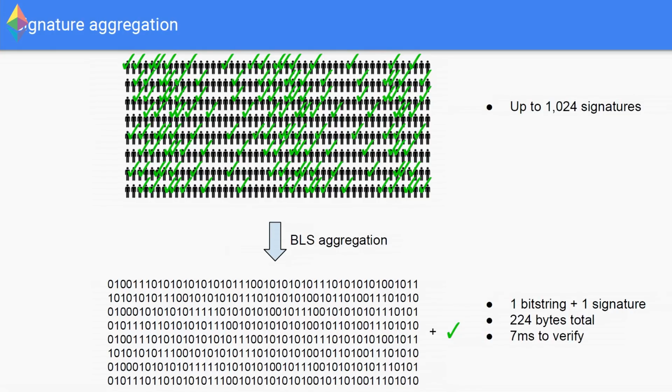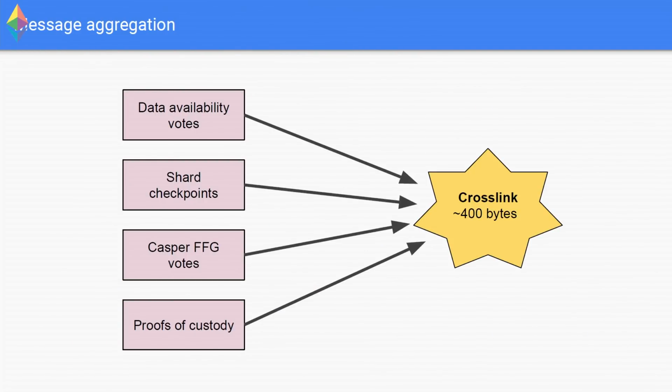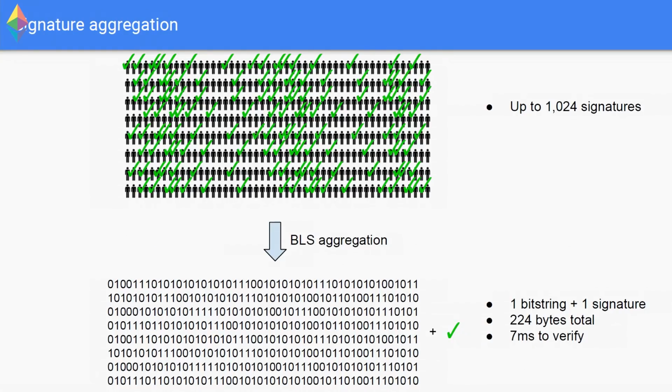And part of the reason why the crosslink is only 400 bytes, is so small, is because of this really cool piece of cryptography called BLS signatures. The idea of BLS signatures is that if you have a given message and you have lots of people signing the exact same message, you can aggregate the signatures in such a way that verifying the aggregate signature is extremely cheap.